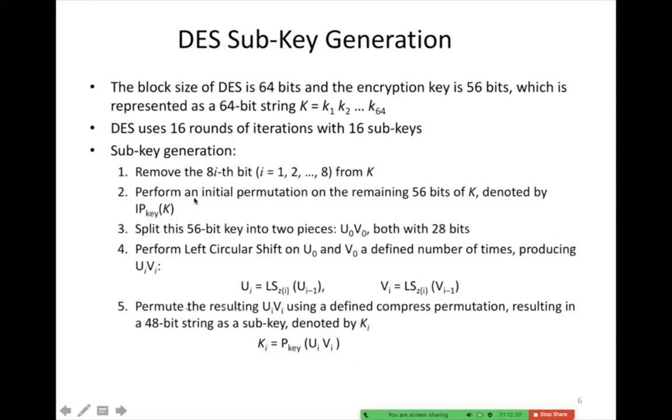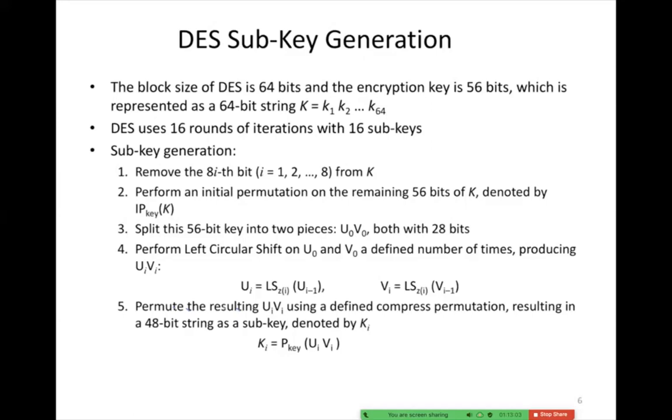And then it performs an initial permutation. This is a permutation on the remaining 56 bits of K, and that initial permutation is denoted by IP. This is for the key. So the input is the 64-bit key.